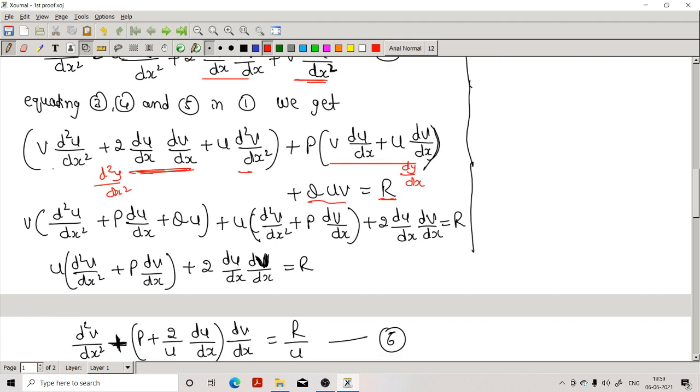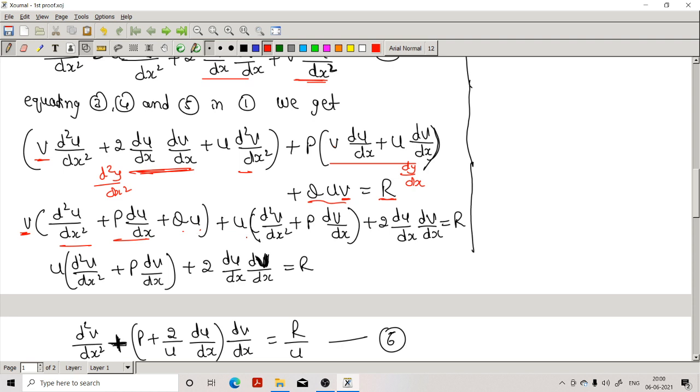Collecting the coefficients of v. Here there is a v term, its coefficient is d square u by dx square, and here there is a v term, so we have to multiply p into du by dx, therefore p into du by dx. Plus here also there is a v term, therefore I take v as common, q into u.